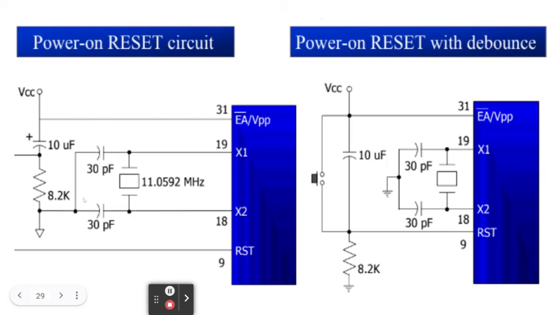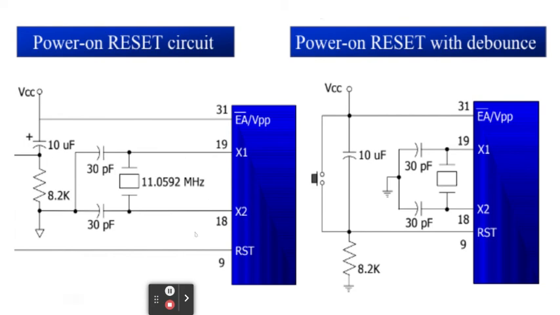And we have here the 30 picofarad capacitors. And in this power on reset circuit, we will have VCC connected to a 10 microfarad capacitor in series with an 8.2 kilo ohms resistor directly connected to the ground.